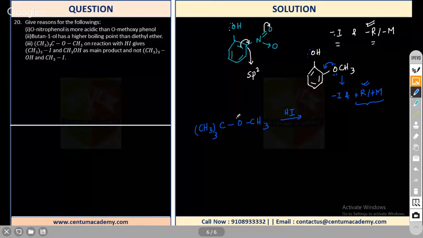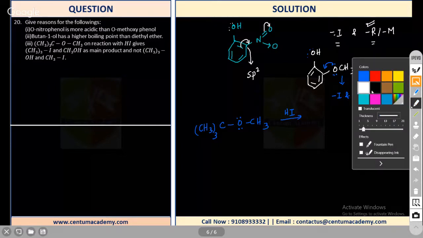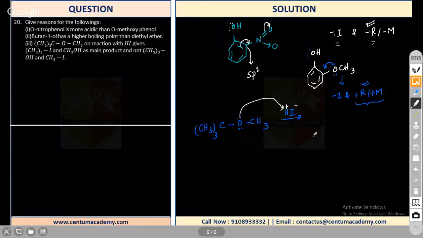HI will give H plus, and the lone pair on this oxygen will attack this H plus. So it takes H plus from HI and forms (CH3)3C-O+(H)-CH3, with a positive charge on the oxygen.